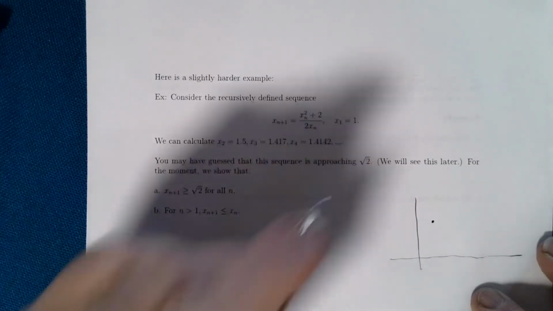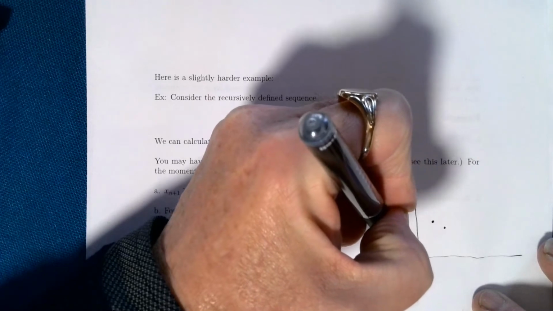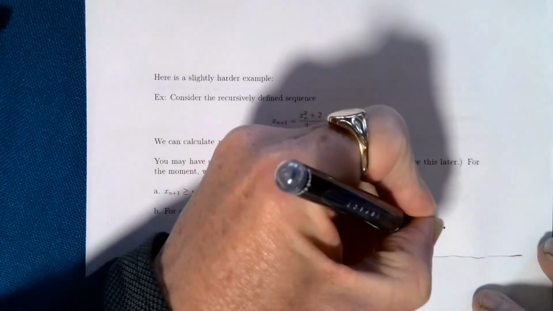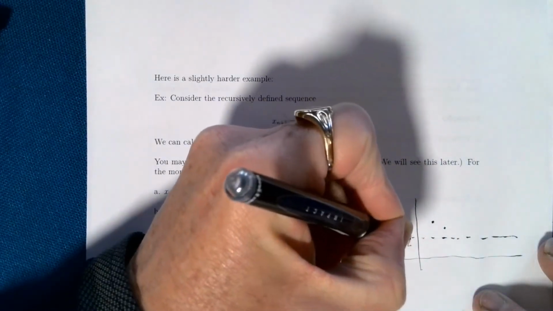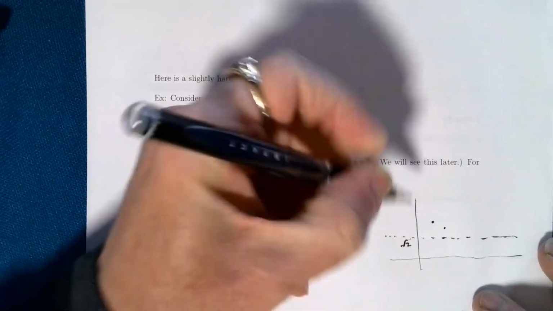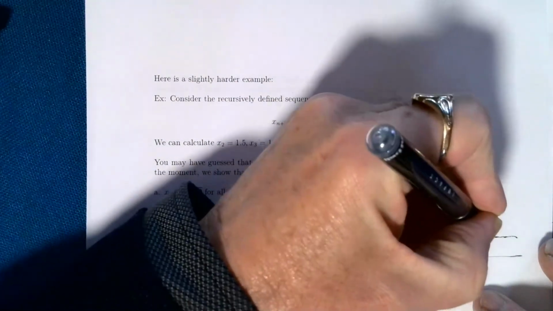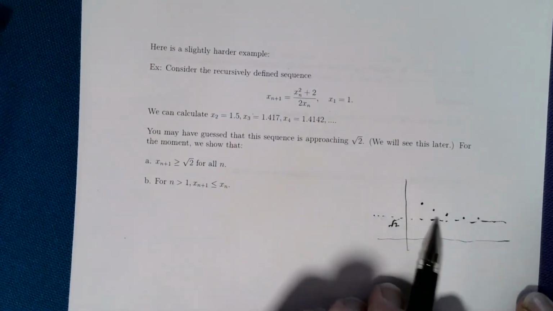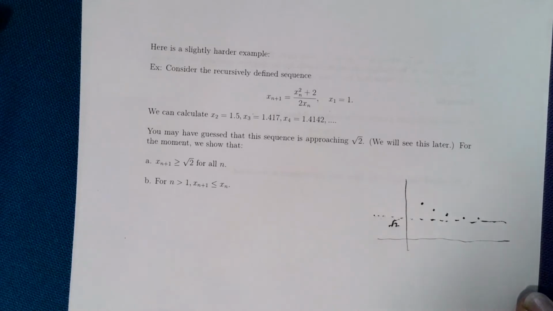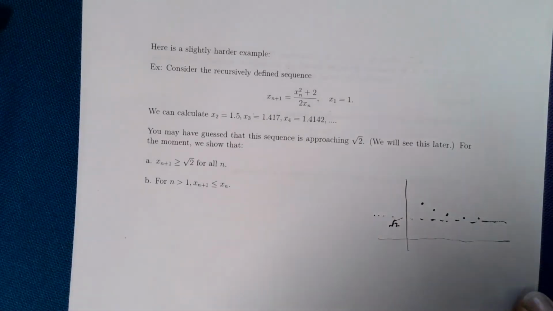Then you put n as 2 in, you get 1.5. The terms are all bigger than root 2, and I'm going to draw a little line across here indicating the number root 2. So these crosses, these terms of the sequence, are doing something like this. They're starting off bigger than root 2 and they're decreasing. And we will show later that in the limit they actually reach root 2.